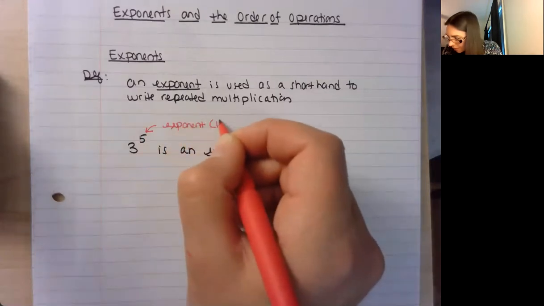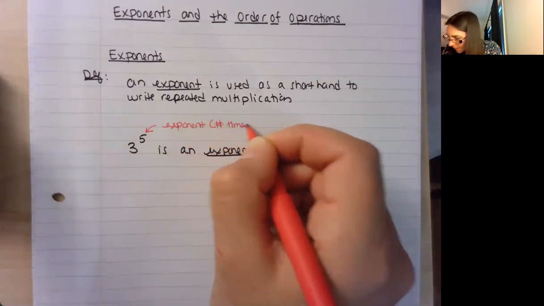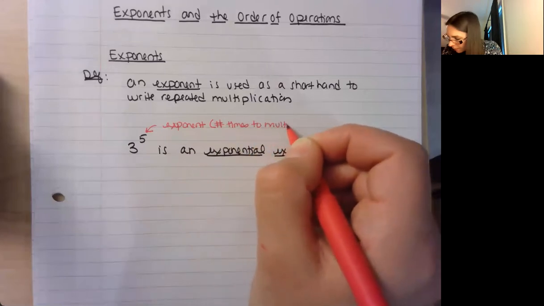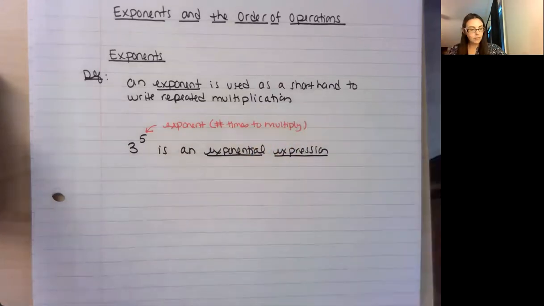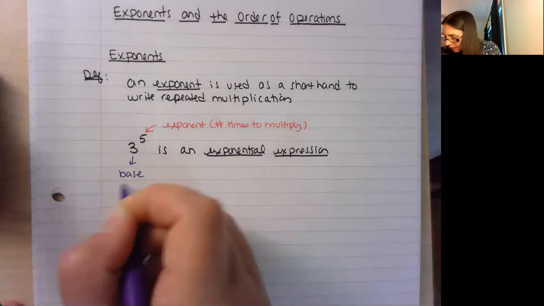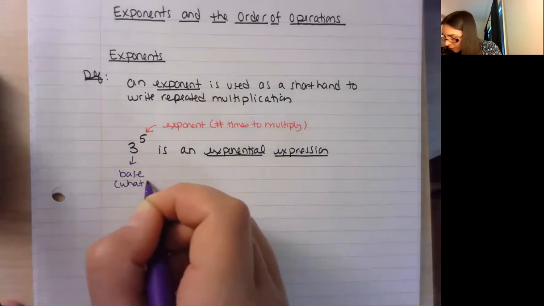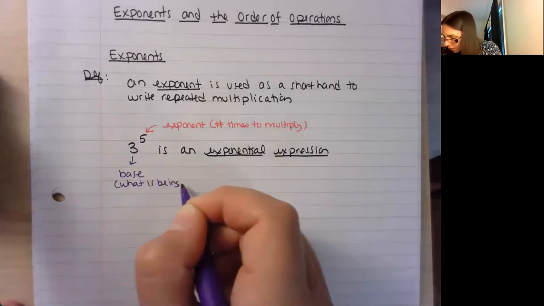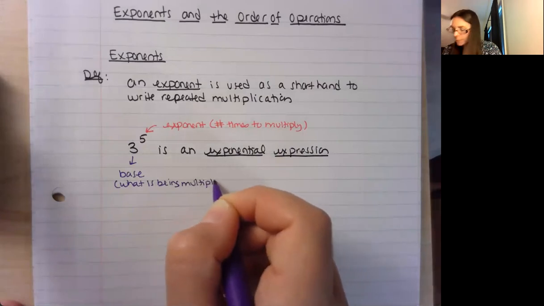It is the number of times to multiply. And then your 3 here is called your base. And it is what is being multiplied.